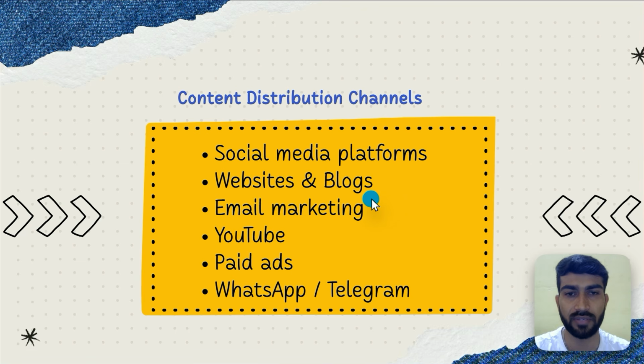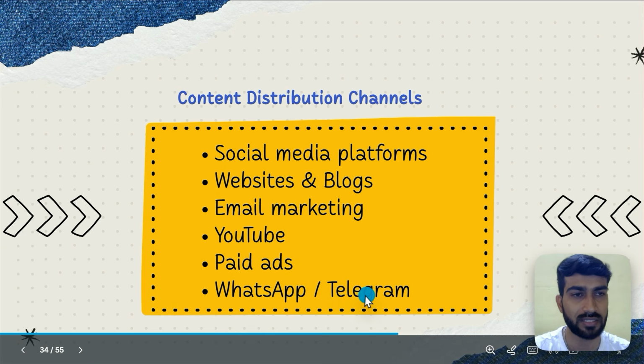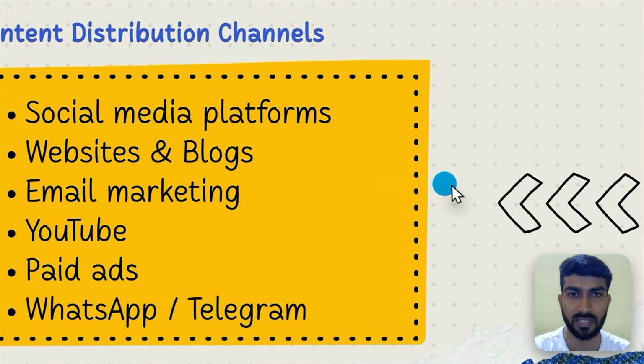Email marketing is also very important. You can use MailChimp, Brevo. There are hundreds of tools. Just like you are posting daily posters on your social media, similarly you can send mails to your audience. YouTube you can use. You can start paid ads. WhatsApp, Telegram, like daily WhatsApp messaging you can use, right?